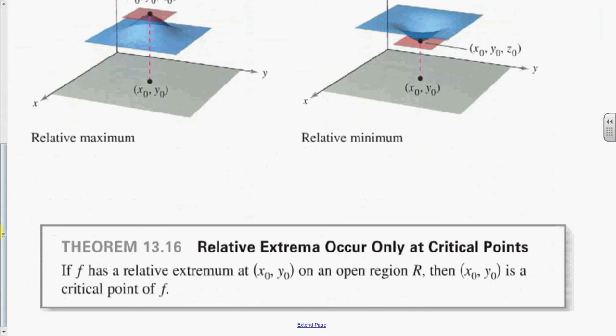A very classic, very important theorem: the relative extrema occur only at critical points. If f has a relative extremum at some fixed point x naught, y naught on an open region R, then that fixed point is said to be the critical point.